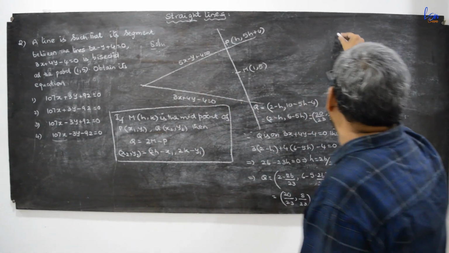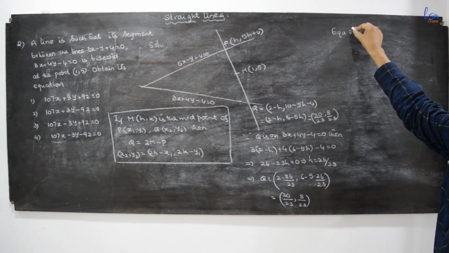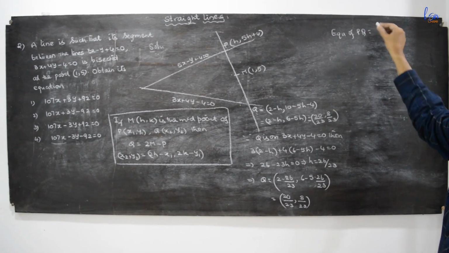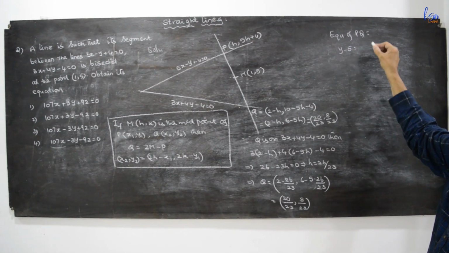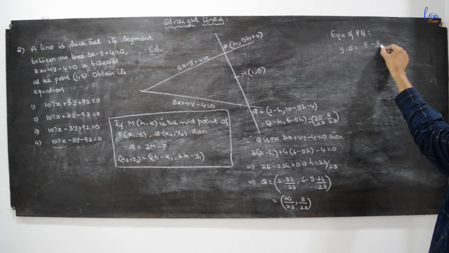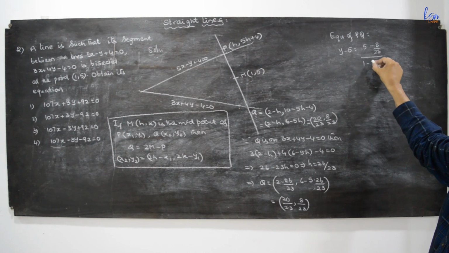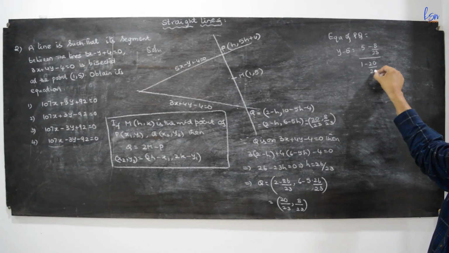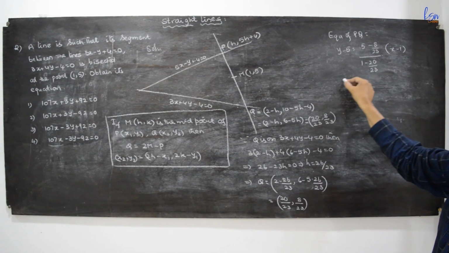Now the equation of PQ: y minus 5 is equal to (5 minus 8 by 23) by (1 minus 20 by 23) into (x minus 1).